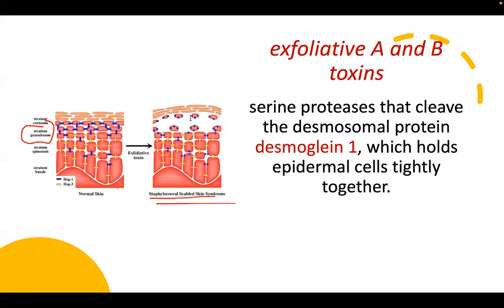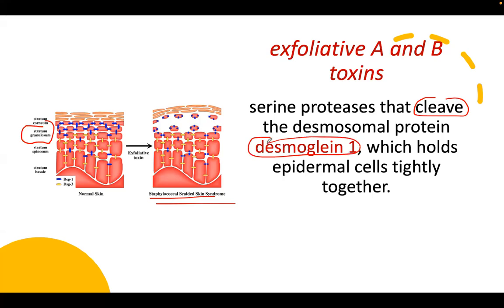So what is the pathogenesis here? This is how you separate yourselves from everyone else, and that is know what's in the textbook. The exfoliating toxins are also known as exfoliative A and B toxins. These are actually serine proteases that cleave, take note, the protein known as desmoglein 1.